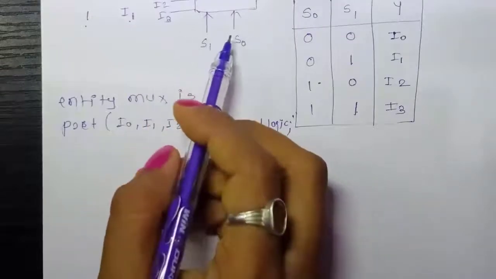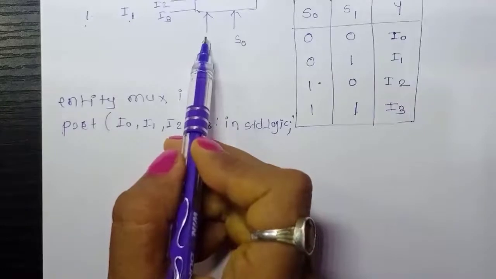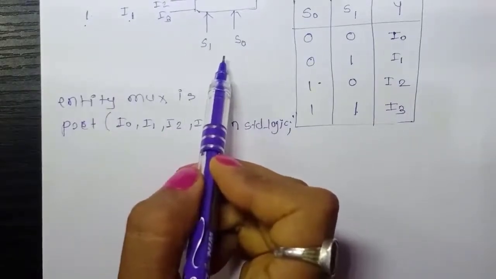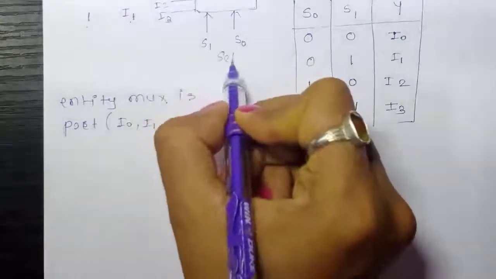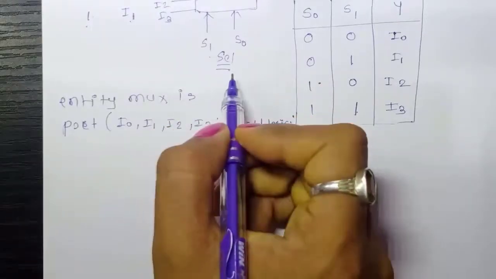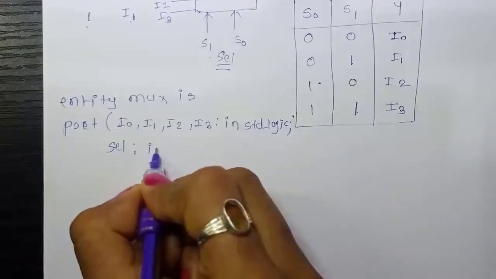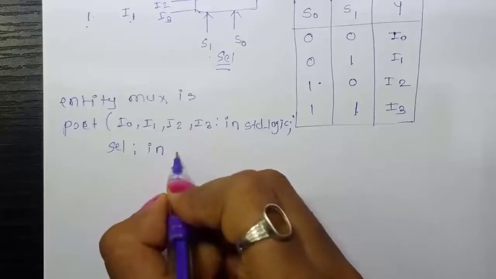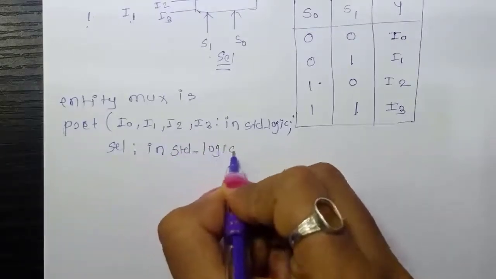Again, we can consider these as inputs. We can name these 2 selection lines as 2-bit data with a single variable, sel. So now we are going to declare this sel, again in, because it is an input line, with data type standard logic.